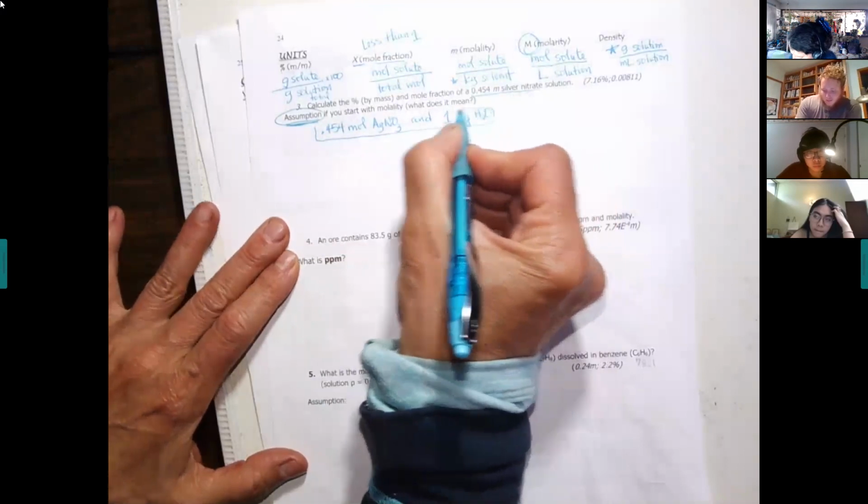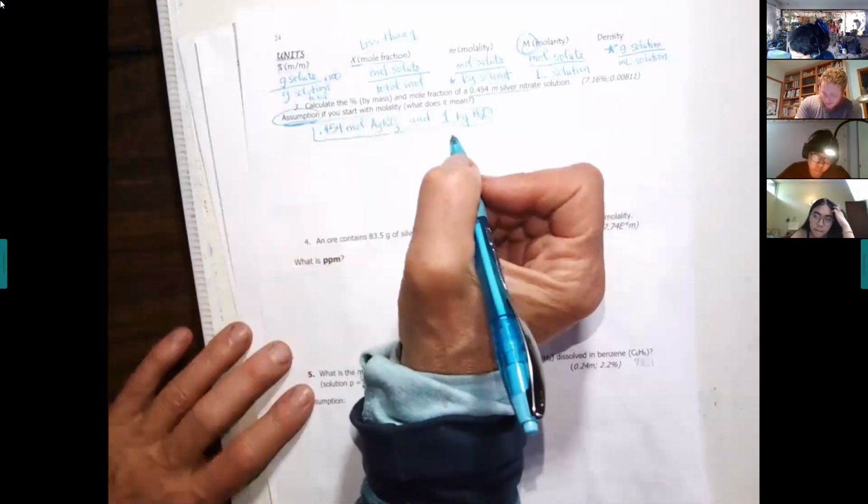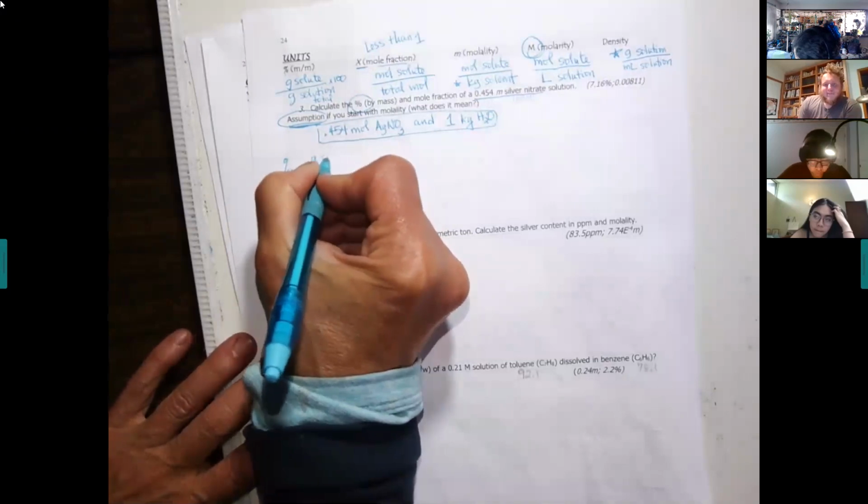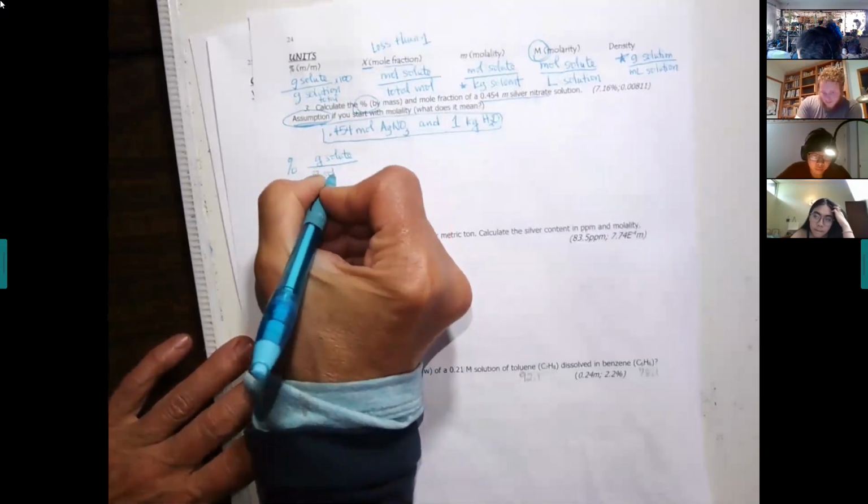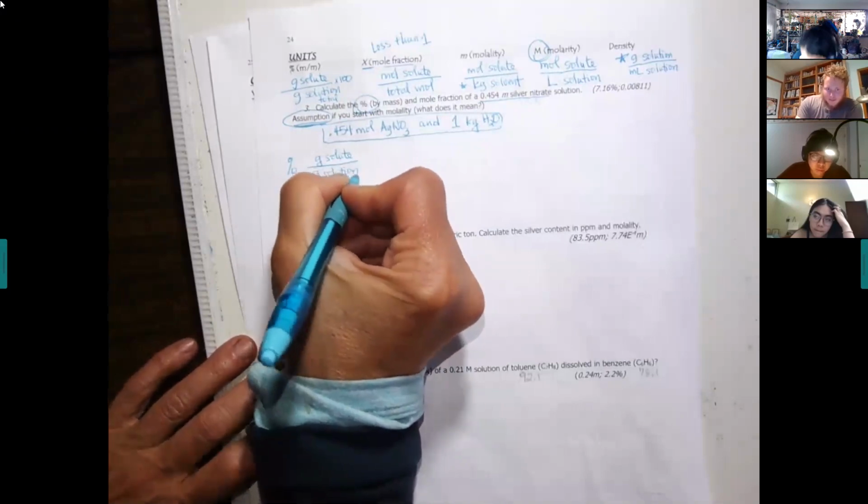So what we're going to do now is calculate the percentage. Percent means we want the grams of the solute over the grams of the solution. Whenever you're doing the problem solving in this chapter, you want to always first state your formula, like when we did gas laws.